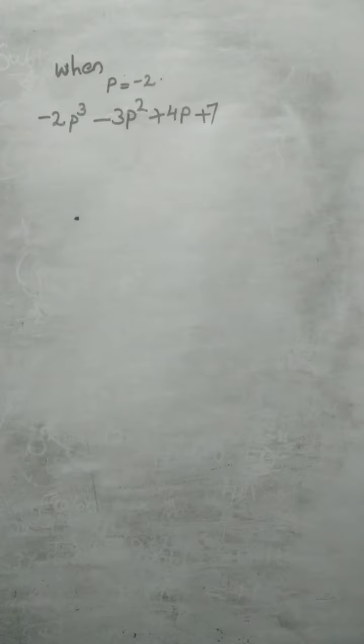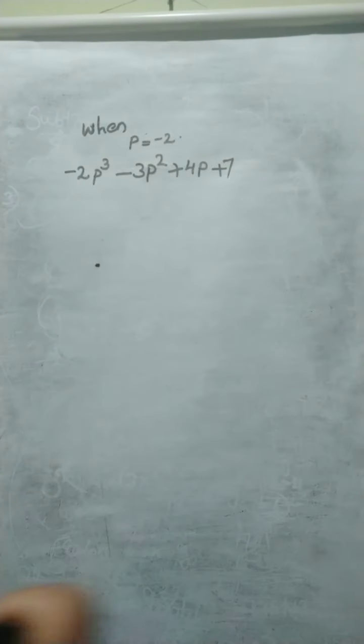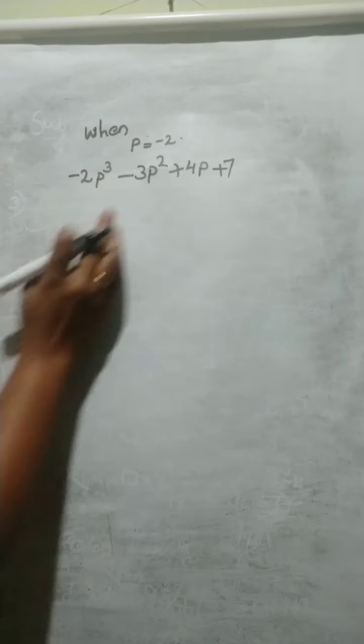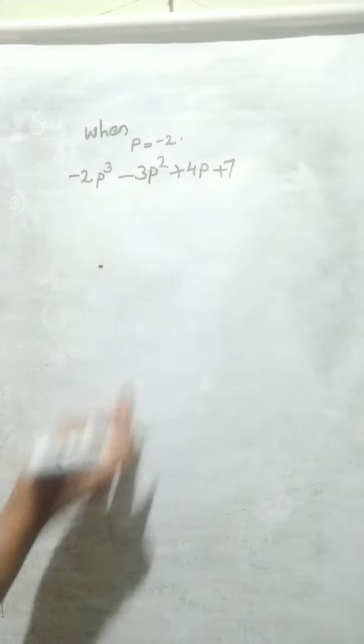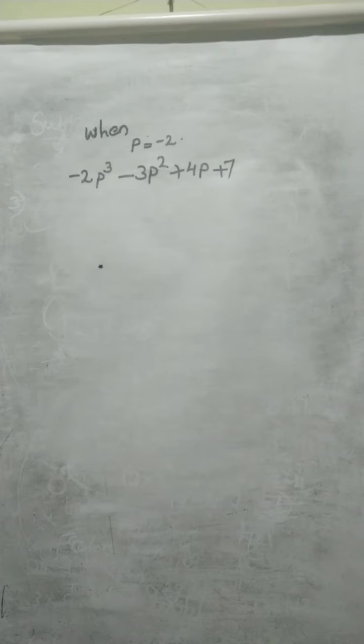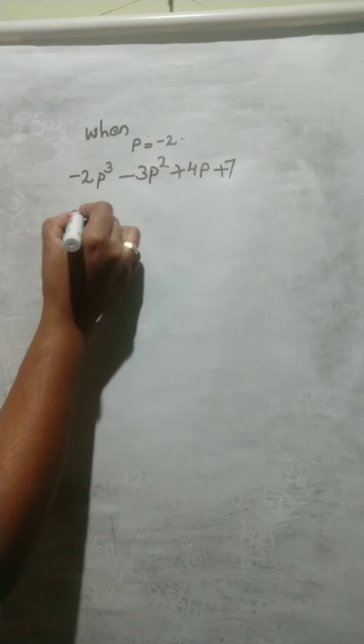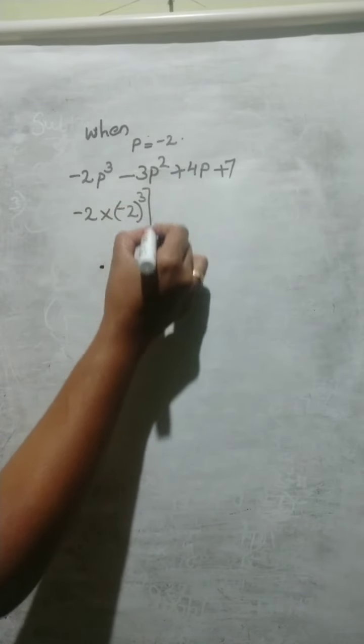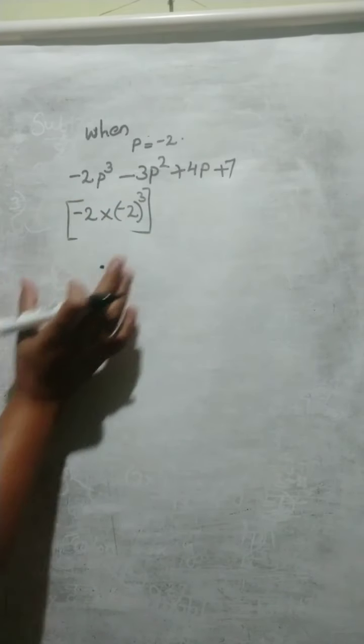Here the third question is negative 2p cube minus 3p square plus 4p plus 7. So here negative 2 multiplied by negative 2 cube. Okay. One term completed.